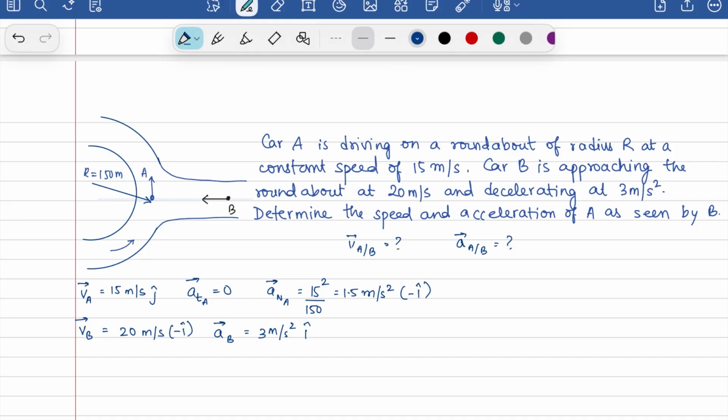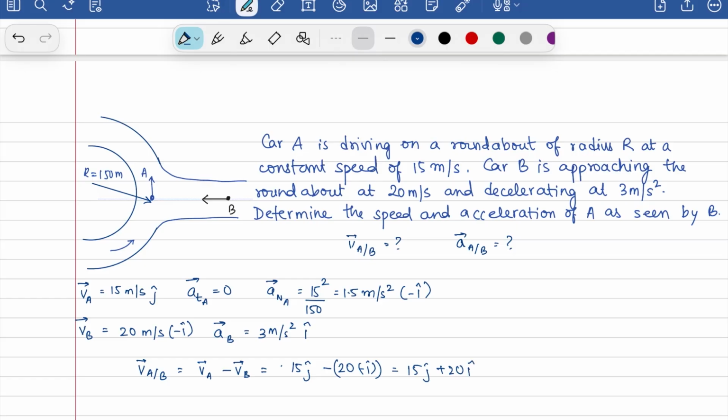So at this point, we have pretty much everything we need. If you need to obtain the velocity of A with respect to B, all you do is subtract. So you get 15 j hat minus 20 minus I hat, which gives you 15 j hat plus 20 I hat.